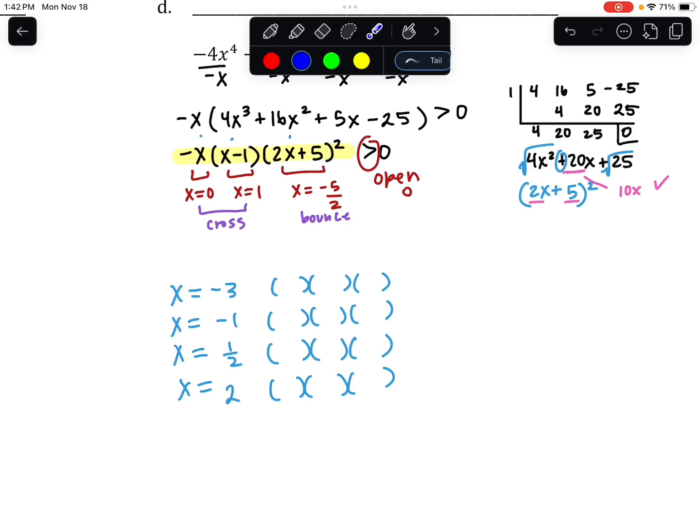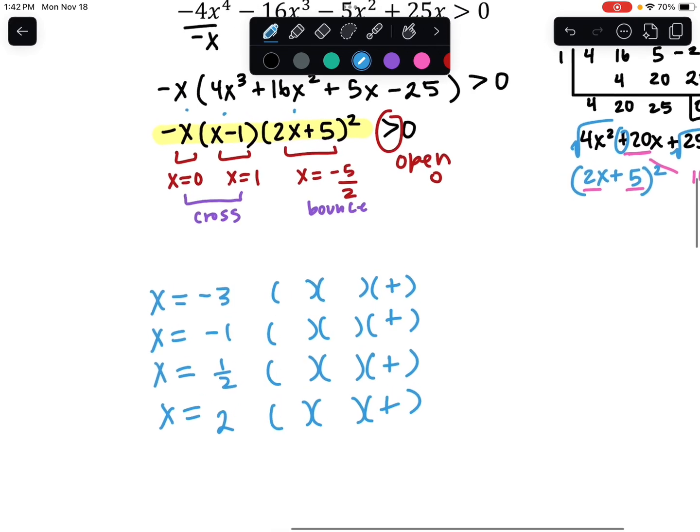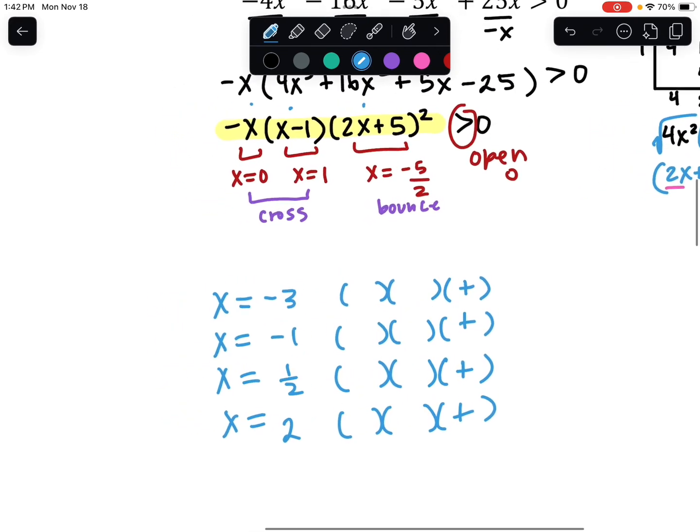Anytime you're raising a factor to an even power, whether it be squared or fourth or even to the sixth, it's always going to be positive. If it's cubed, it's not always going to be positive. It's only when it's an even power. And so because we have an even power for that last factor, you can go ahead and put in your plus signs for that last set of parentheses, because that factor will always lead to a positive regardless of what we put in for x.